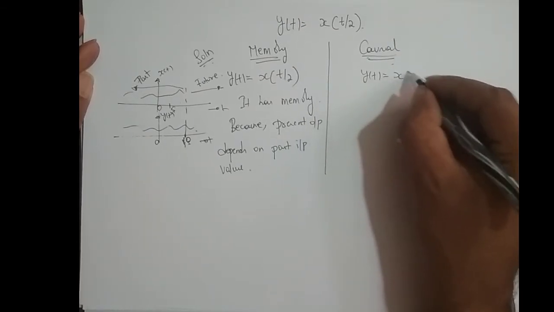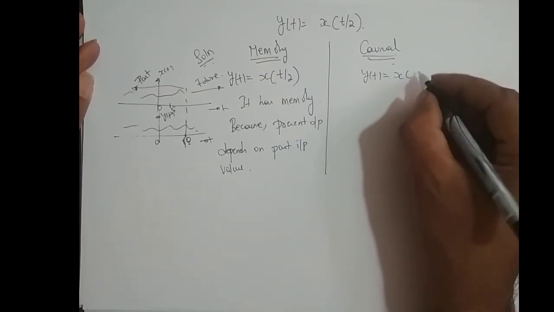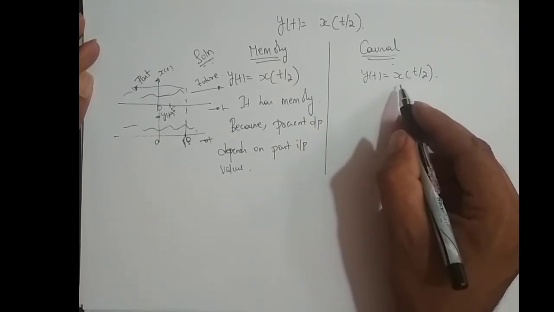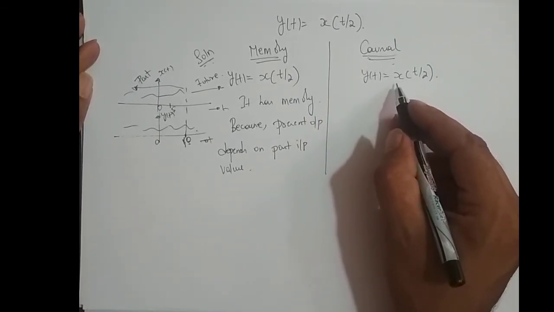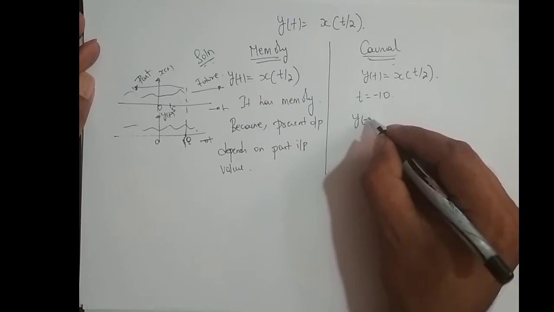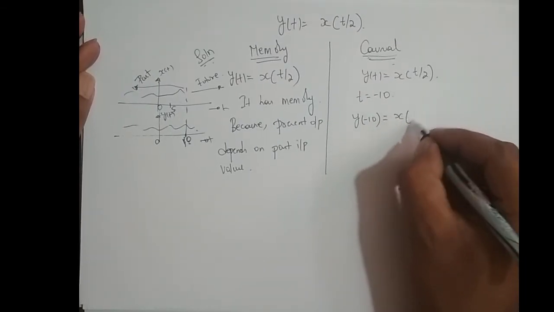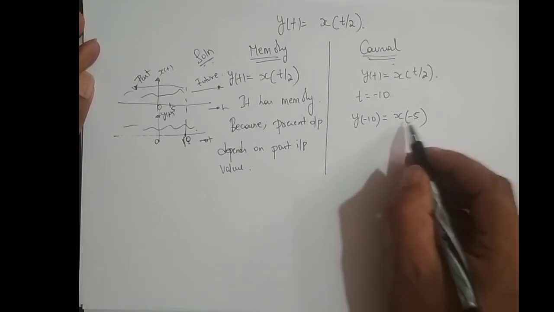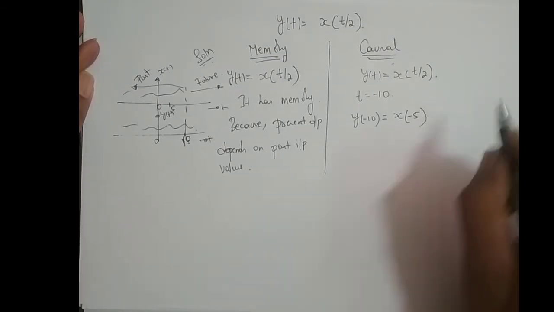So y of t is equal to x of t by 2. Does this depend upon future? Yes, right? How? Because if I put t is equal to minus 10, what is y of minus 10? y of minus 10 is x of minus 5. Okay, now present output depends upon future, no?